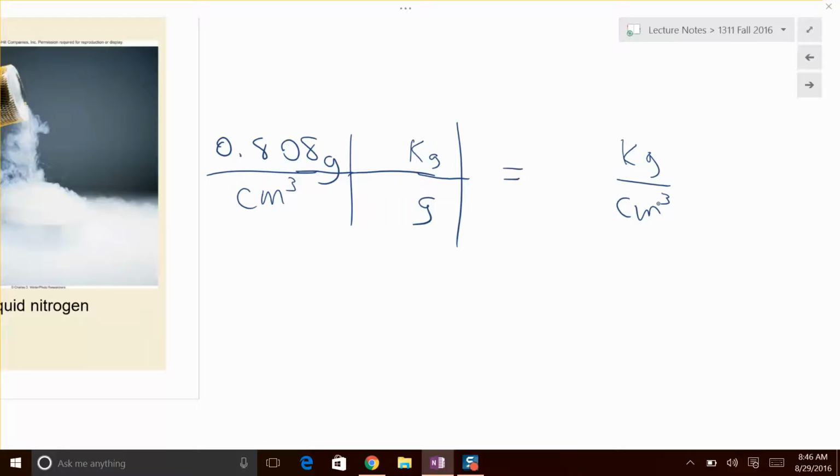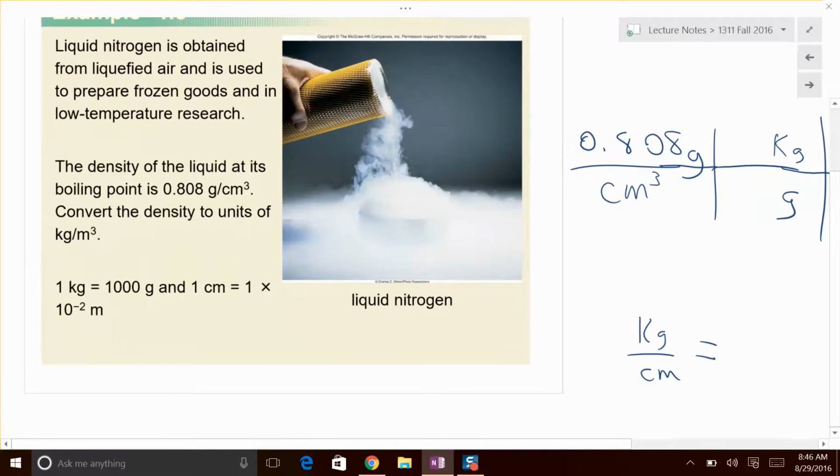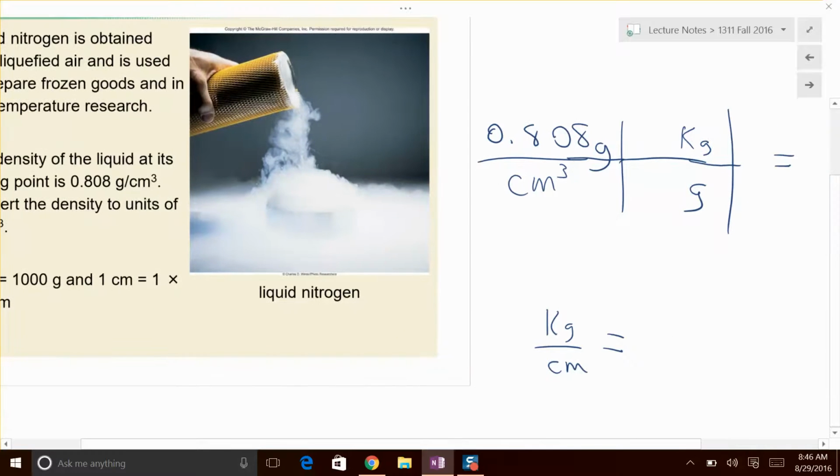Okay, so once I have it in units of kilograms per centimeter, then I can go to meters from the centimeters.